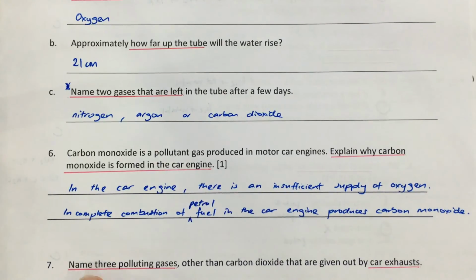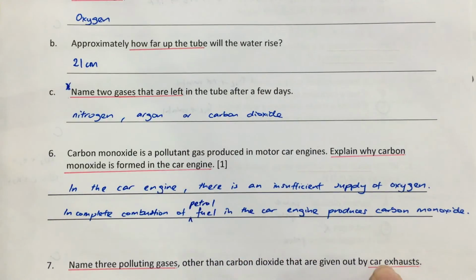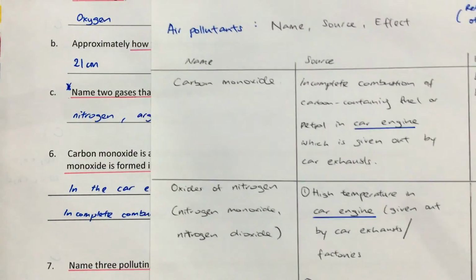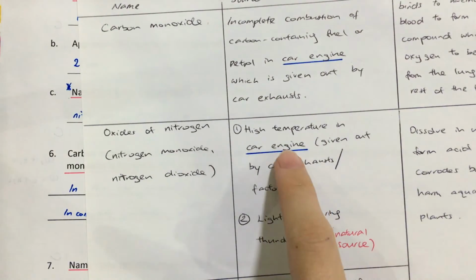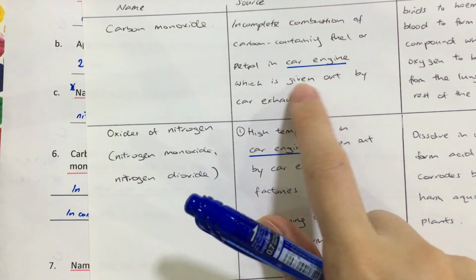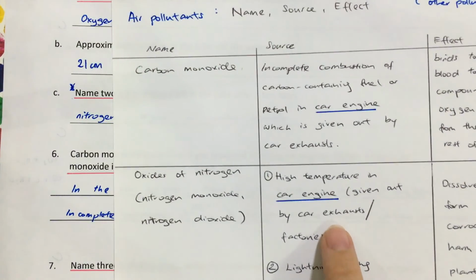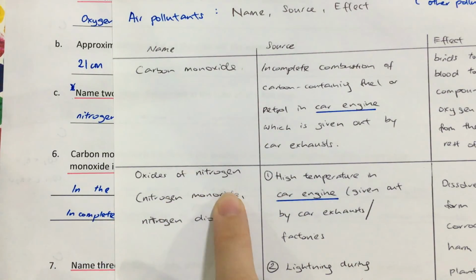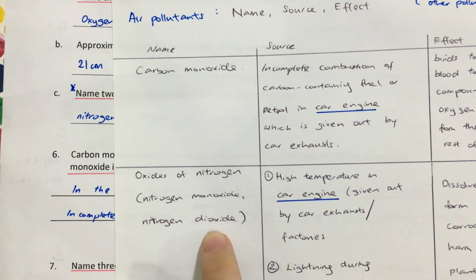Finally, name 3 polluting gases other than carbon dioxide that are given out. Carbon dioxide is not considered a pollutant. So they're asking what other gases that are pollutants are given out by car exhaust. Whatever comes out from the car exhaust comes from the car engine. So we have our carbon monoxide, our nitrogen monoxide, and our nitrogen dioxide.